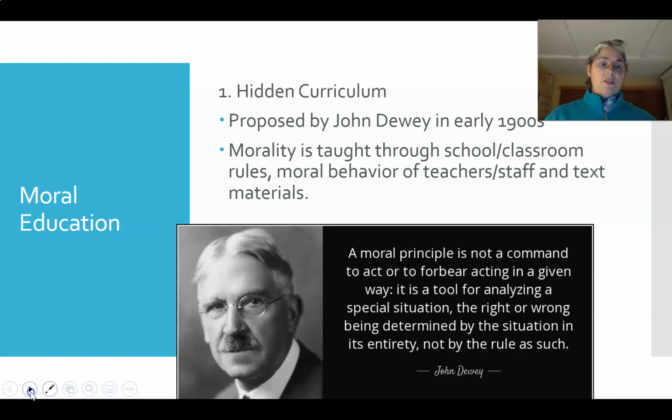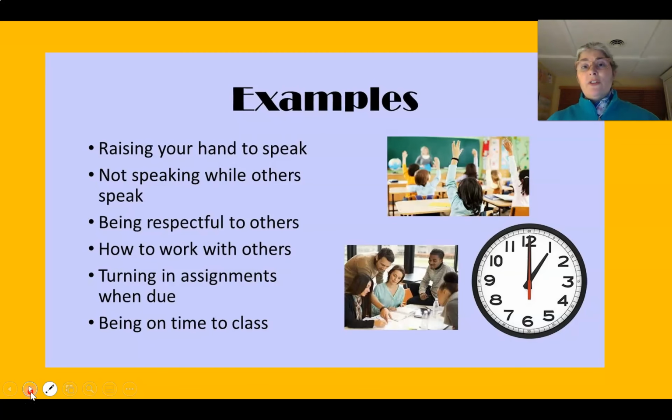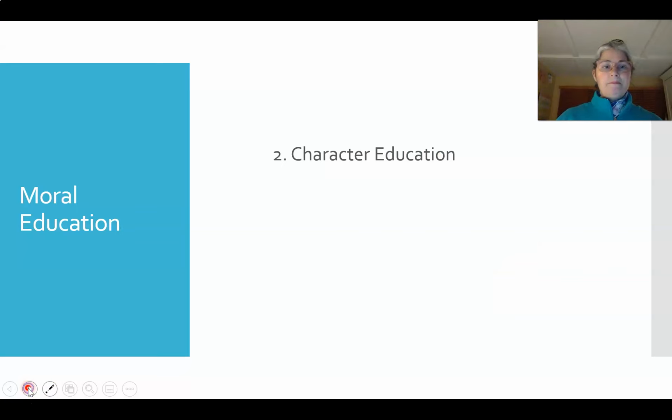So he says by doing things like teaching our students to raise their hand and wait to be called on, to not speak while others are speaking, to be respectful, to work with others, to turn in things when they're due, to show up to class on time, that the basic structure of school helps to teach us some basic moral behaviors. Okay, that's the hidden curriculum.